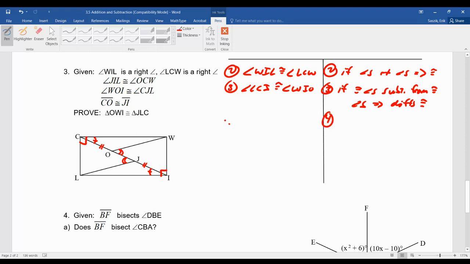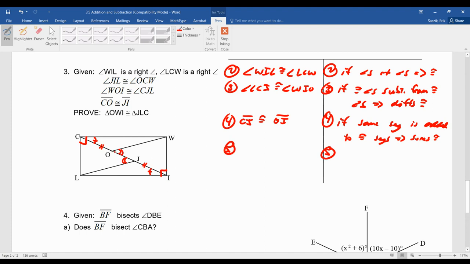So step 4. Remember, we already had these angles. Now we just have to get this side, CJ, congruent to OI. And that's if the same segment is added to congruent segments, then, and make sure you say sums, don't say sum is congruent, the sums are congruent.